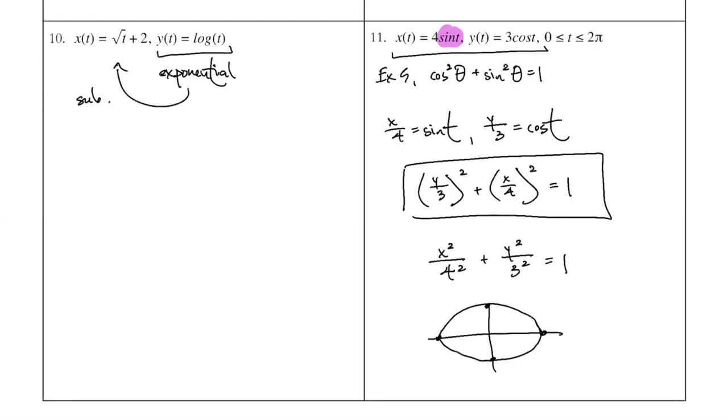And then similarly, to get this cosine by itself. So that's why we divided the 3 to the other side and we divided the 4 to the other side. Does that clarify that, or is that still not quite making sense?